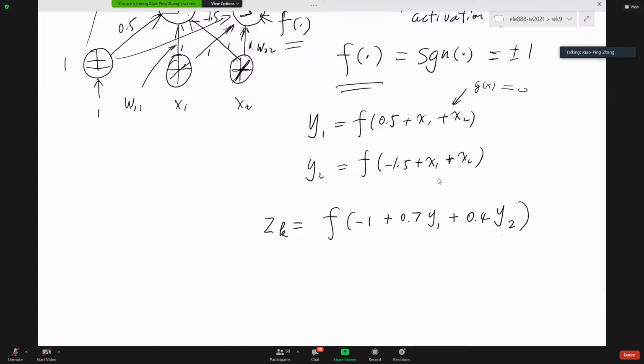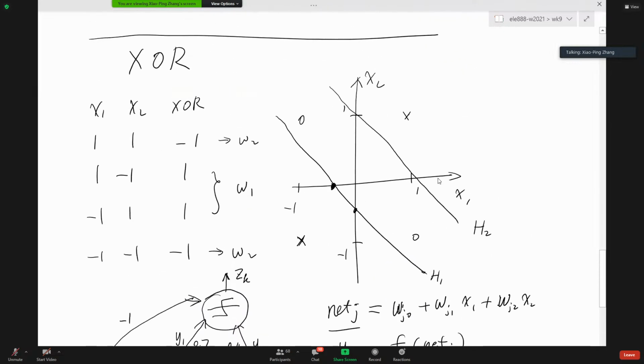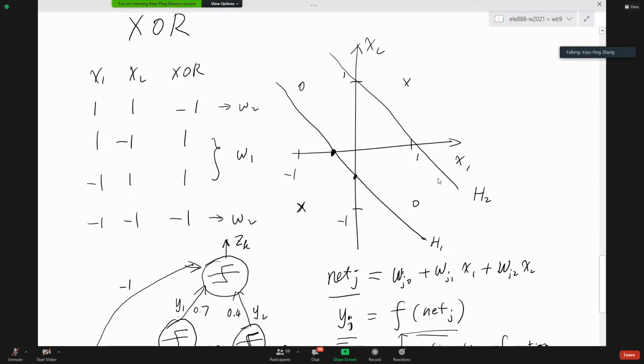So if you look at this, basically, if you think about it, we will have 3 decision regions: R1, R2, R3. We divided through these 2 LDFs. We divide this into 3 decision regions.